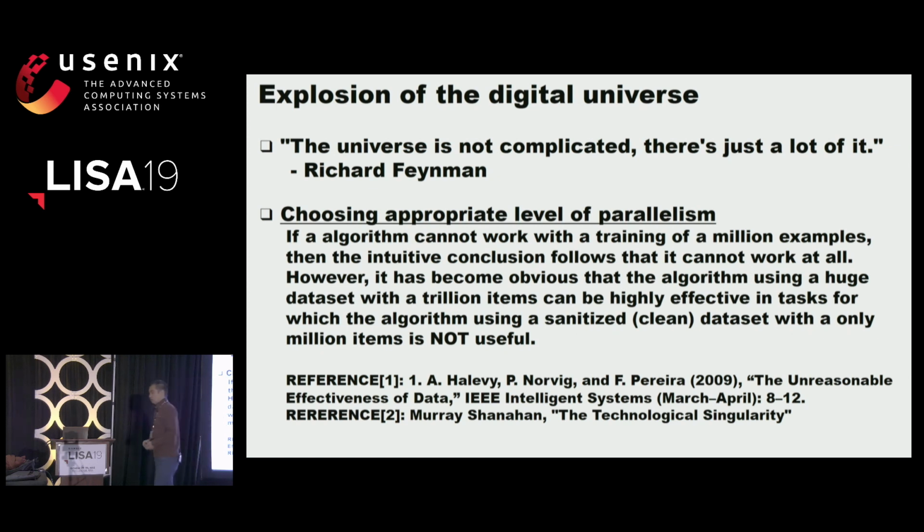This is unexpected for me because if an algorithm cannot work with a training set of less than a million examples, the intuitive conclusion is maybe it cannot work at all.